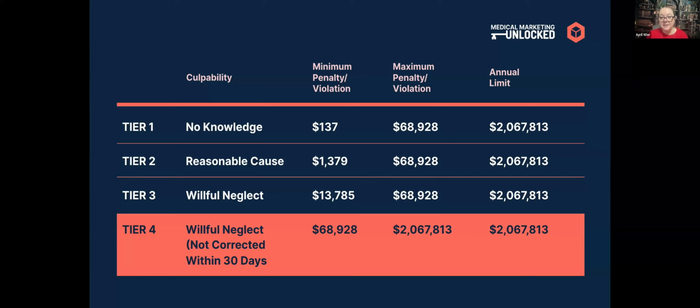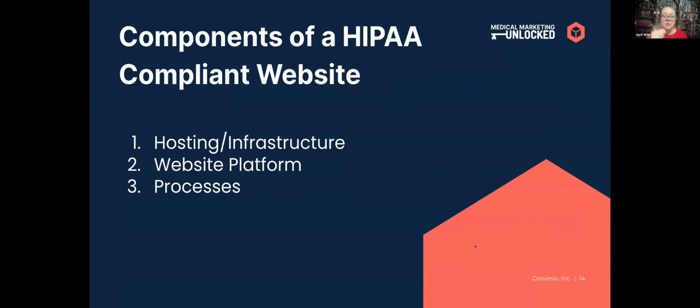One of the things I have found as a marketer working really close with healthcare providers is it's extremely difficult to find a hosting company that knows what they're doing. There are plenty of people out there doing HIPAA, but they don't all know what they're doing. So it's really on us to make sure that we are partnering with the right people. I'm going to hand this off to Tom, where he can talk a little bit more about what goes into being that type of partner.